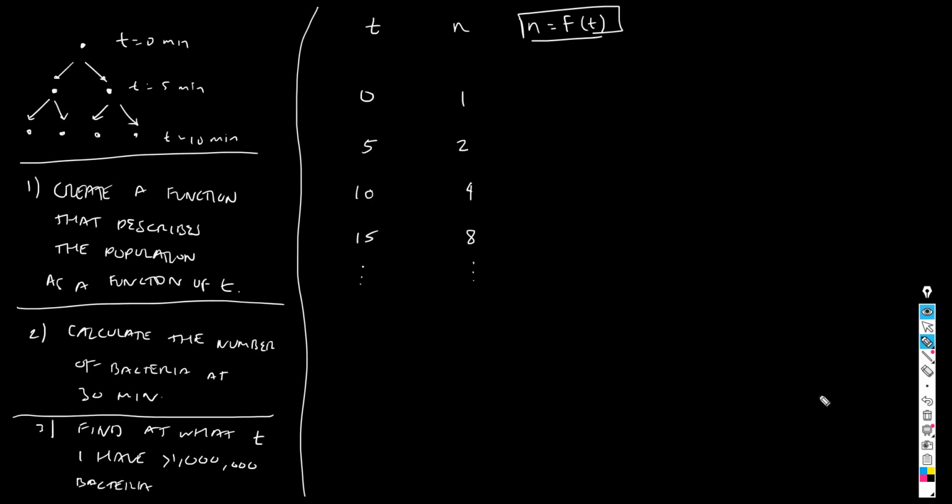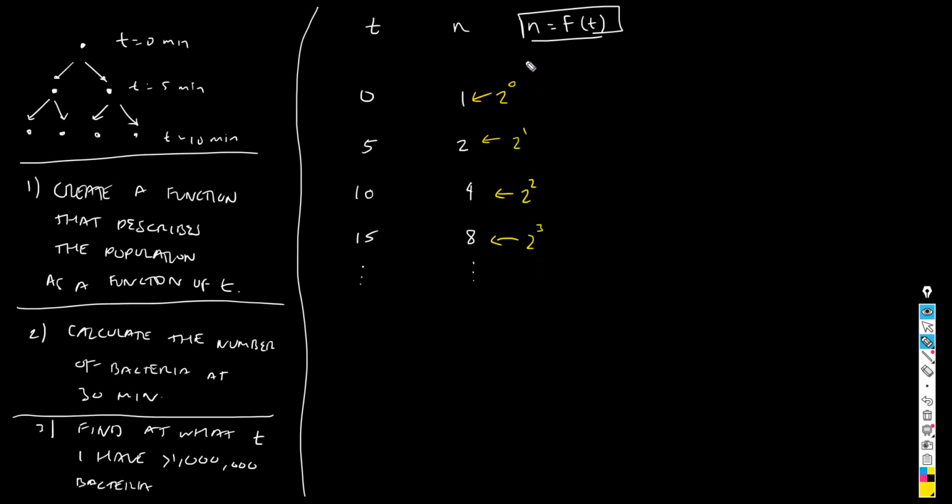The first thing I can notice is that all of these numbers, 1, 2, 4, 8, 16, 32, etc., are powers of 2. They can be written as 2 to the 0, 2 to the 1, 2 to the 2, 2 to the 3, and so on.